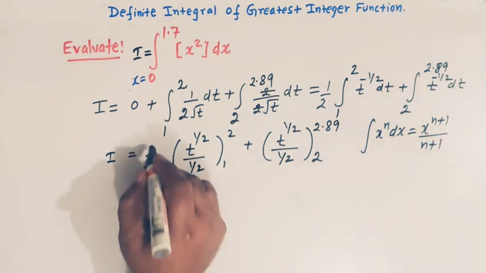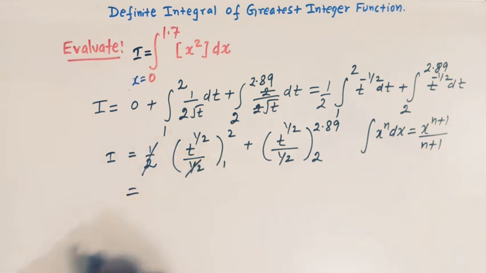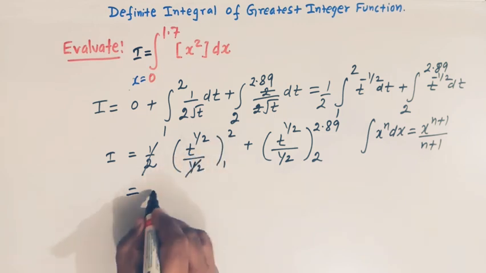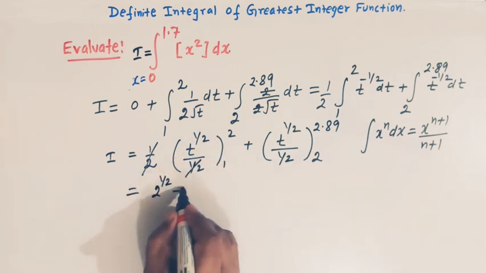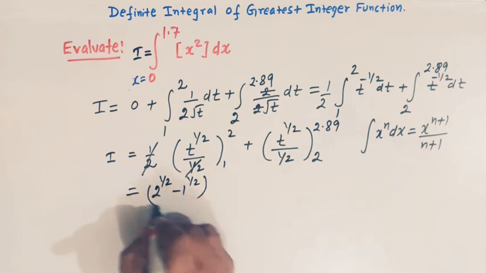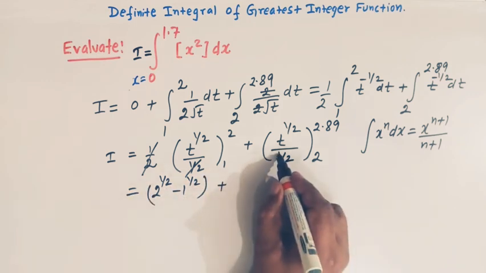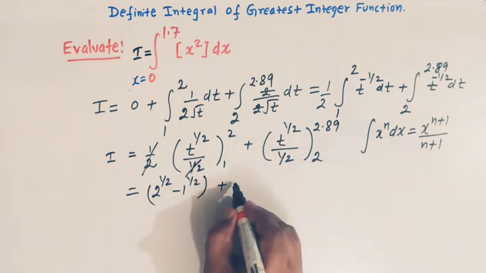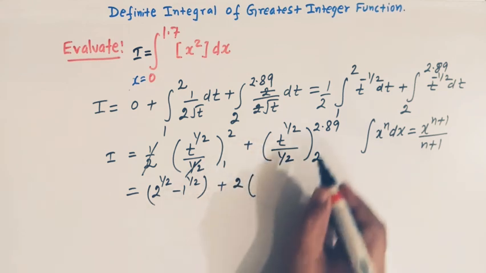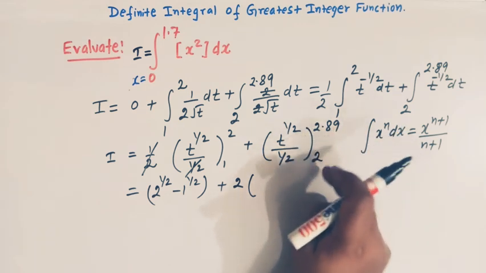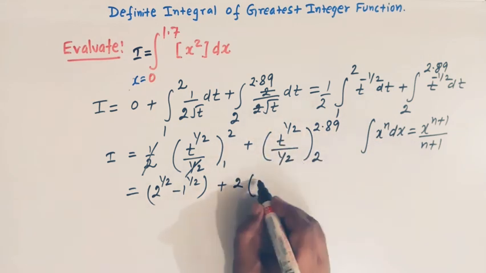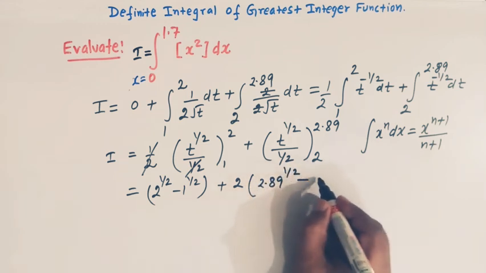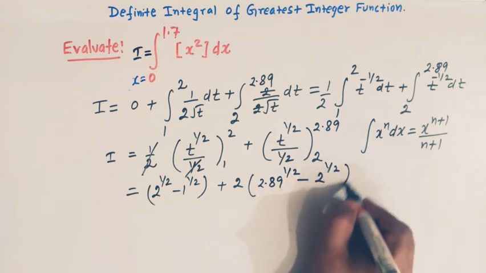So now here half and half get cancelled, and we can substitute the limits. So we have 2 raised to half minus 1 raised to half, and here 1 over 2, this 2 goes to the numerator, so here we have 2, and if we take these limits and substitute, we have 2.89 raised to half minus 2 raised to half, right?